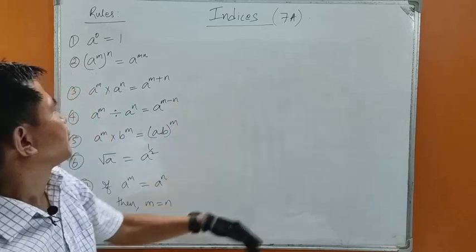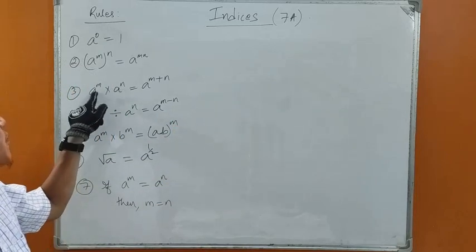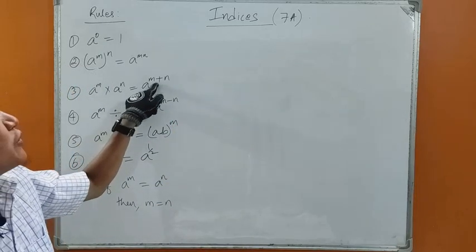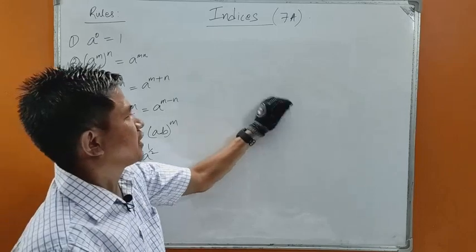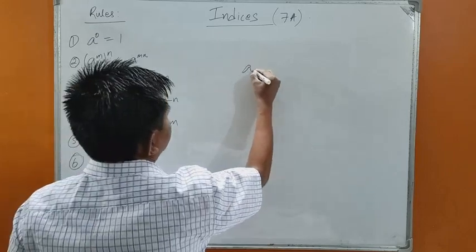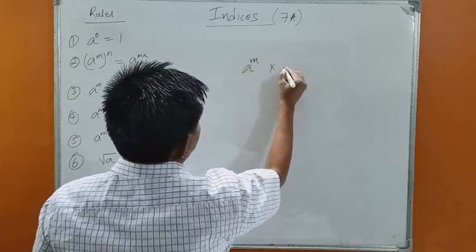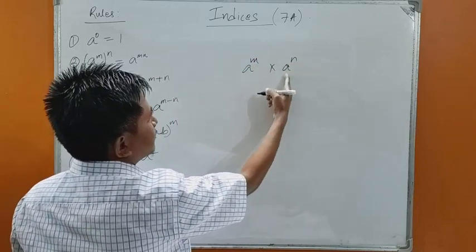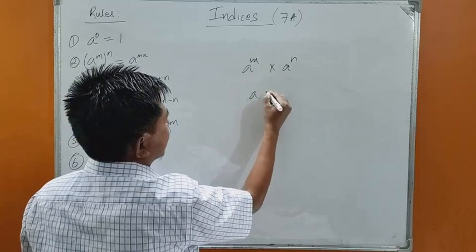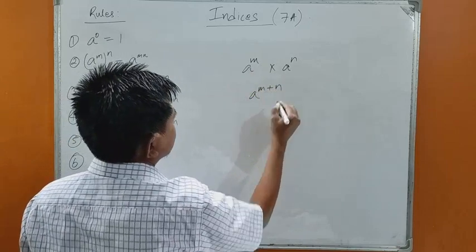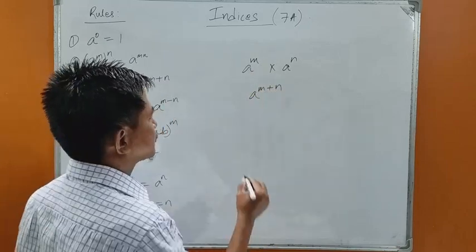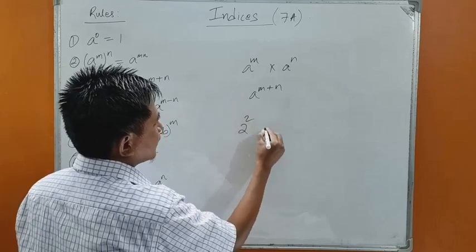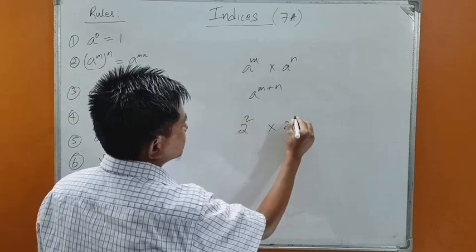So now let's move on to the next rule. a to the power m into a to the power n is a to the power m plus n, which means if the bases are the same, their powers will get added. Let's take an example. Suppose 2 squared into 2 to the power 3.